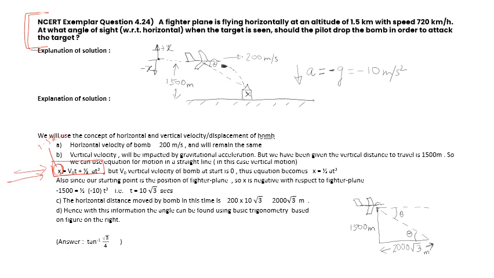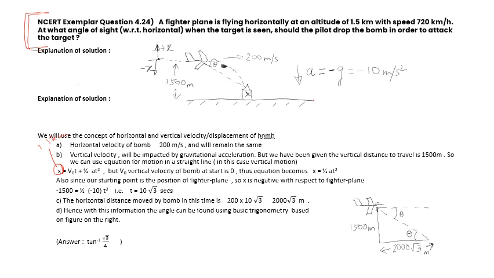This is all about vertical motion. We are applying this formula for vertical motion, for the bomb to fall downwards, not for the horizontal motion, because we are dealing only with the vertical motion.